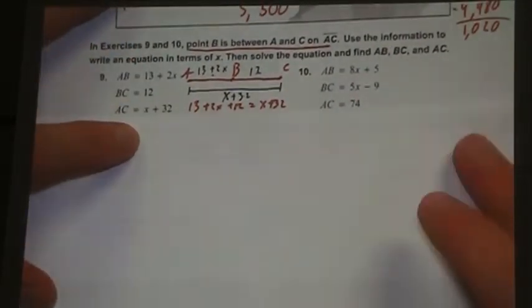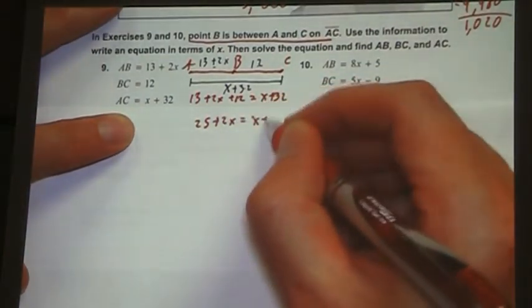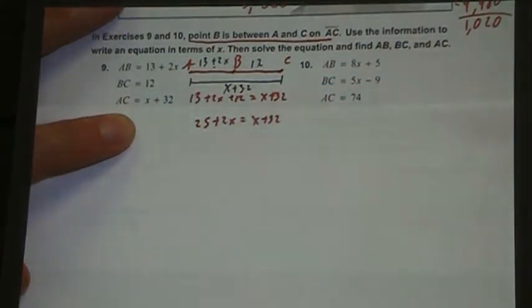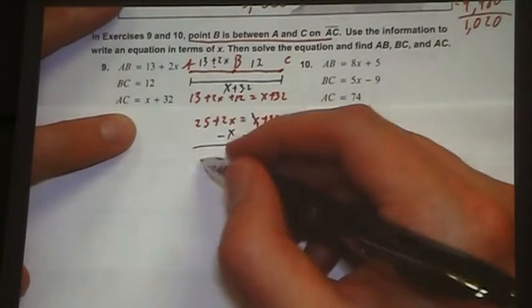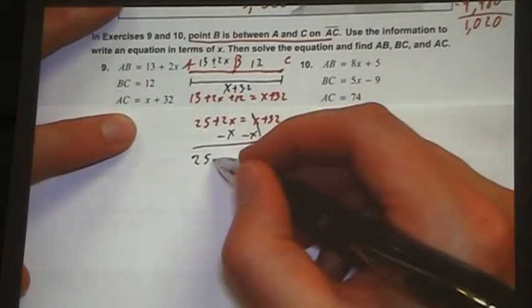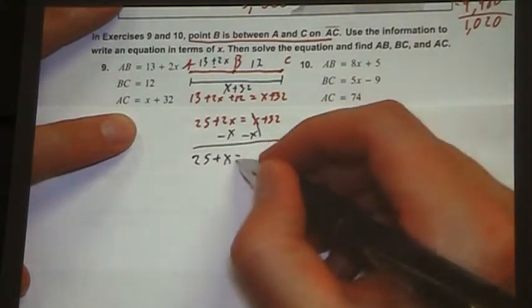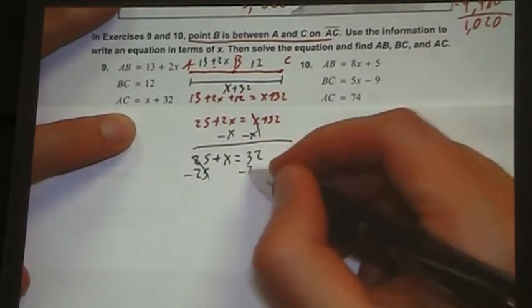From here, it's back to algebra. So now we can combine: 25 plus 2x equals x plus 32. And we're just going to subtract the smaller x from both sides. And right here we flip back into algebra. If you're thinking this doesn't look like geometry, well, you're right, it's algebra. So we use geometry to set up a relationship, and then algebra to finish it off.